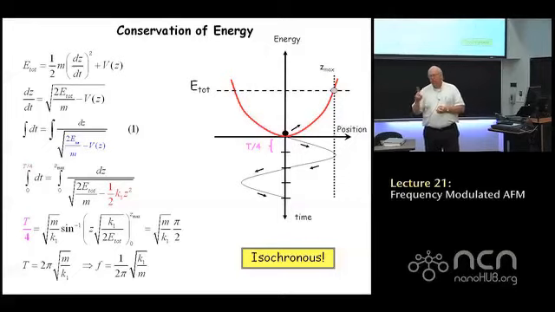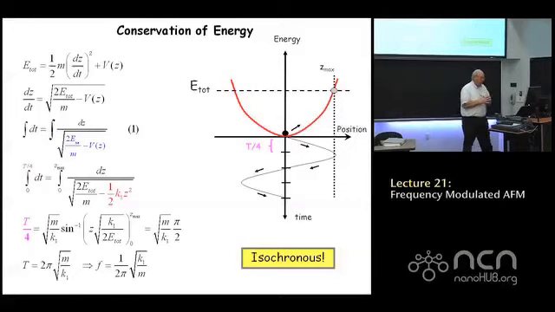That simple approximation breaks down as soon as we start to make the harmonic well deviate from a parabolic shape, and that feature of the frequency will change. We're going to try to quantify how much the frequency will change and how the change in frequency depends on the shape of the well. That's the big picture.